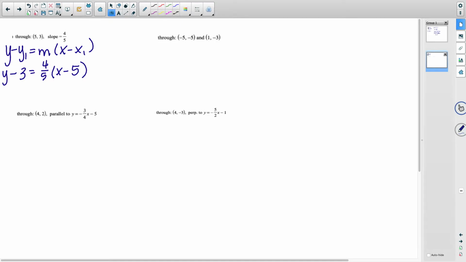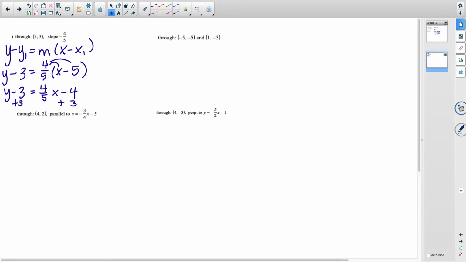Okay, now we're going to distribute that 4/5. So y minus 3 equals 4/5 x. You're going to distribute the 4/5, so you're also multiplying that by -5. So that's going to give you -4. Then we're going to add 3.